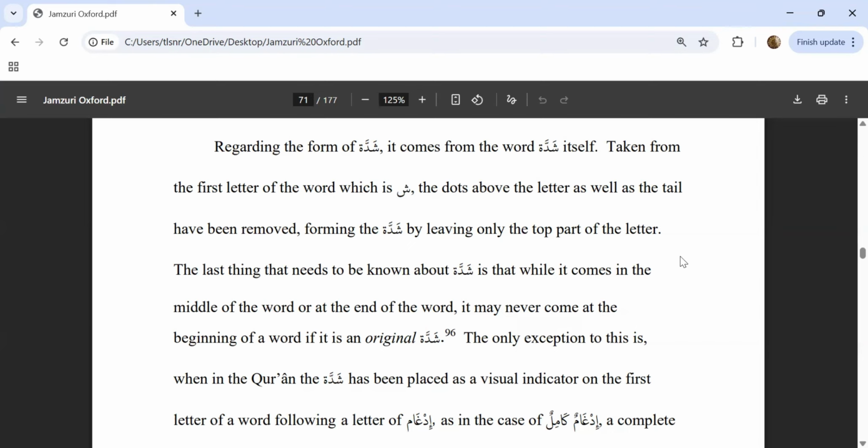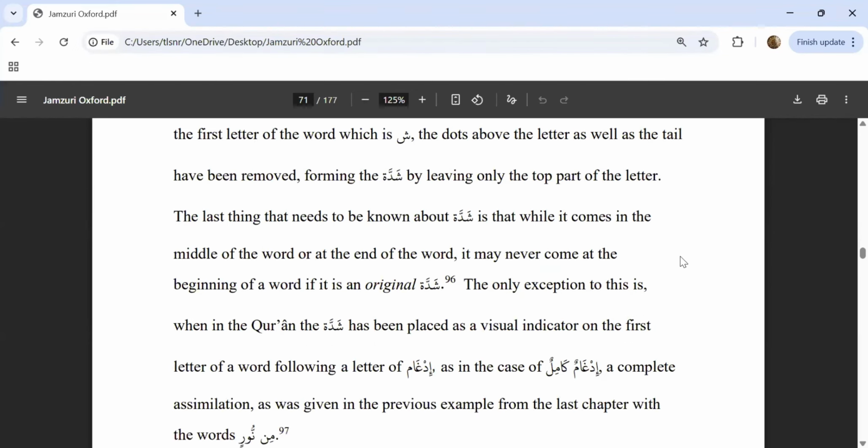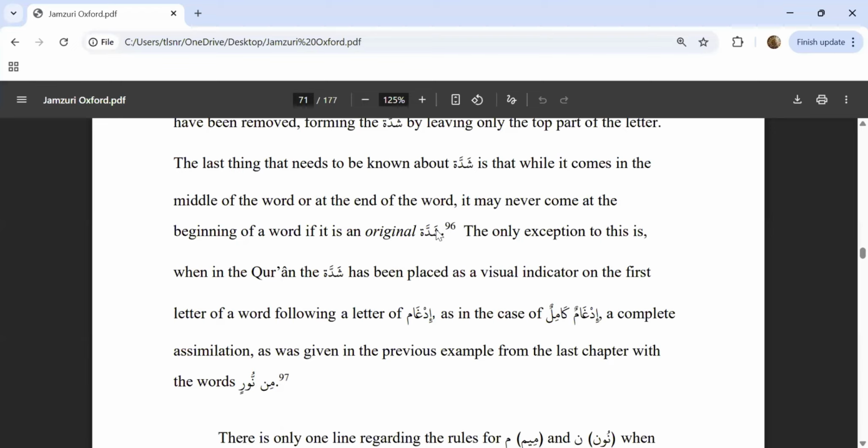That's actually where the shadda came from. And then the last thing that one needs to be aware of is that shadda, while it comes in the middle of the word or at the end of the word, can never come at the beginning of a word, if it is an original shadda.